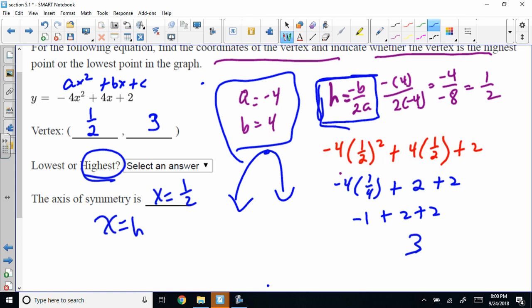In order to find the vertex, I have to have h, and h is -b over 2a. Once I found that, it came out to be 1/2. Then I plugged 1/2 in for the x's: here's an input, find me an output based on that input. And it gave me an output of 3. The h equals -b over 2a is something I'd make sure I knew.